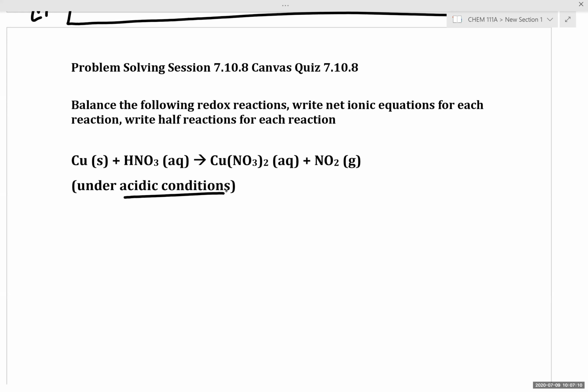So I'd like you to take a few minutes and try to write out the half reaction involving copper solid. And really try to think about half reactions in terms of net ionic equations. And we'll discuss this first half reaction as it's somewhat straightforward in about 2 to 3 minutes.